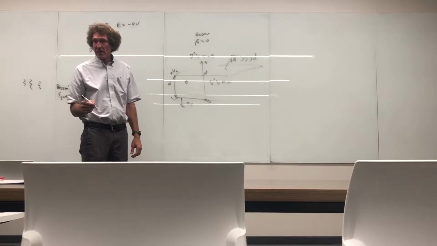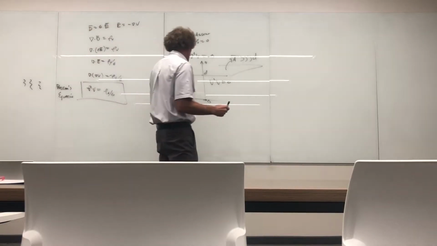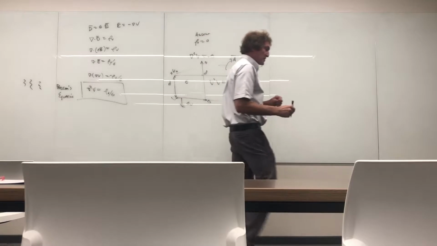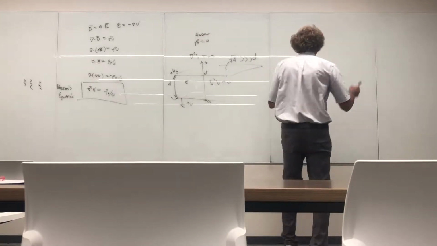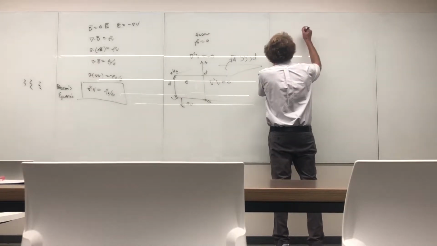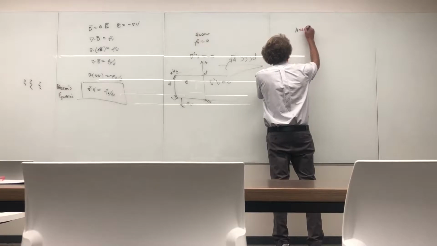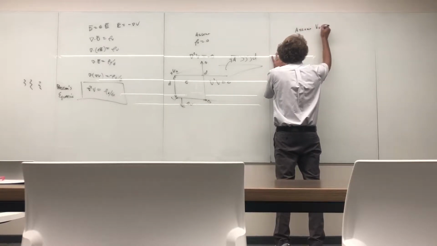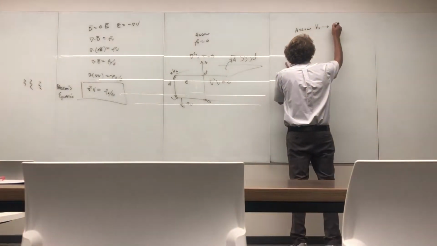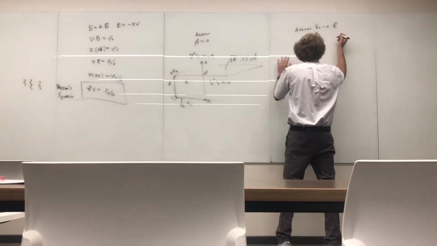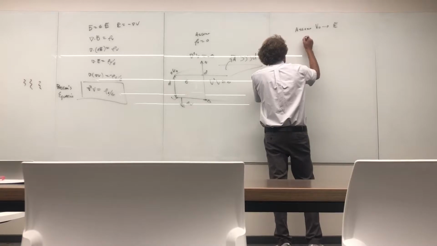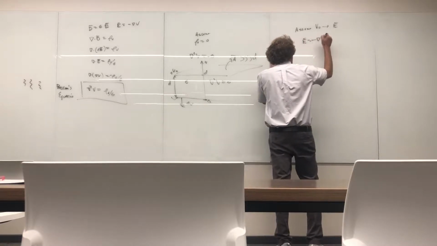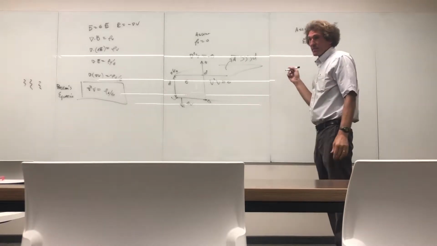Now, this is one way to do it. Actually, there's two ways to do it. A lot of times you assume charge. For this case, I'm going to assume a voltage difference, V naught. Then I'm going to get the E field. E field is equal to minus the gradient of V. You all agree with that?